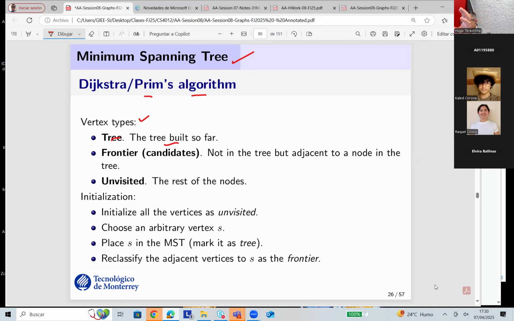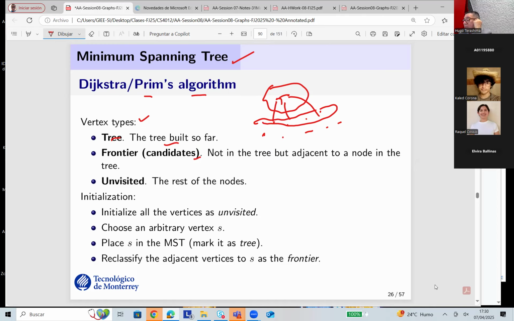And so you have the tree, and the tree is going to contain some nodes and some edges, right? The frontier candidates, not in the tree, but adjacent to a node in the tree. So these are frontier nodes, right? They are candidates. And unvisited, the rest of the nodes.